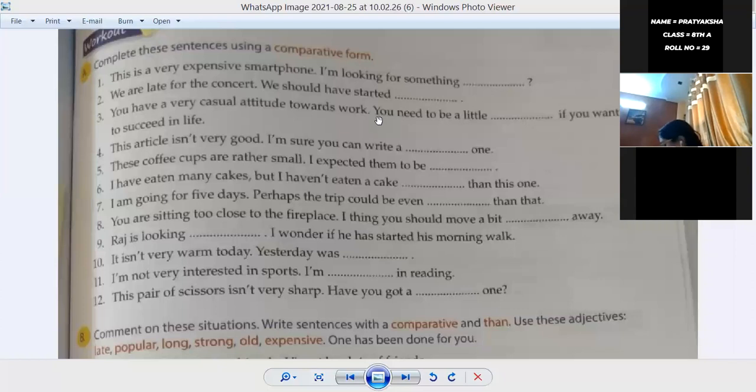Then next. Raj is looking fat. Fatter. I wonder if he has started his morning walk.